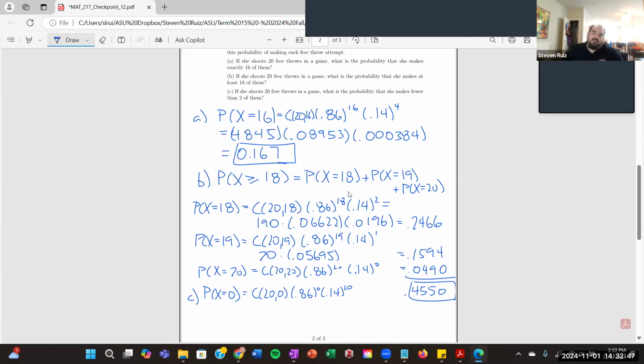This is going to be incredibly small. That's basically 1 times 1 times 0.14 to the 20. And I get 8.37 times 10 to the negative 18.